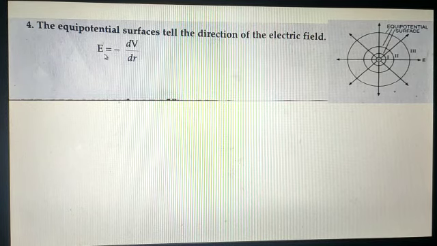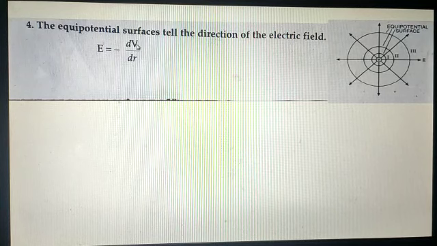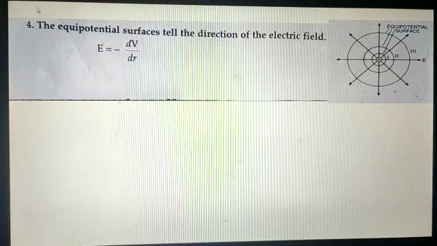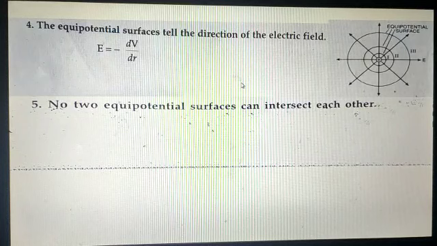So the direction of electric field is the direction in which the potential decreases. This is the significance of the negative sign. As we all know, as we move away from the charge, the electric field decreases, and that will be the direction of electric field where the potential also decreases, right? We now move to the next point.